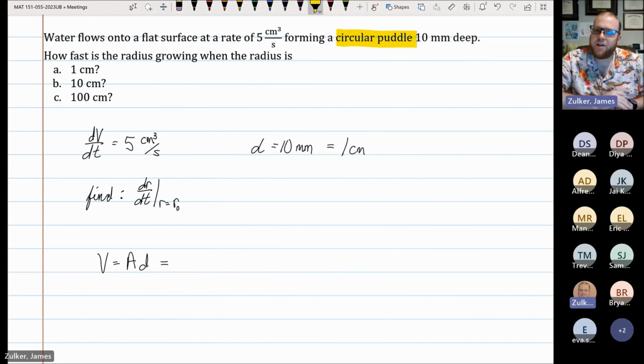It's a circular puddle. So our cross sections are circles. Area of a circle: pi r squared.